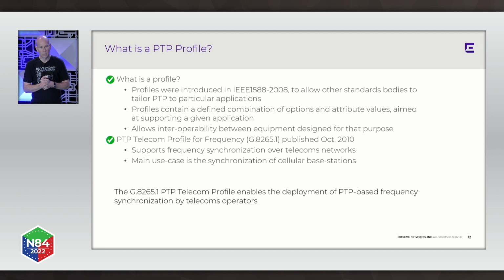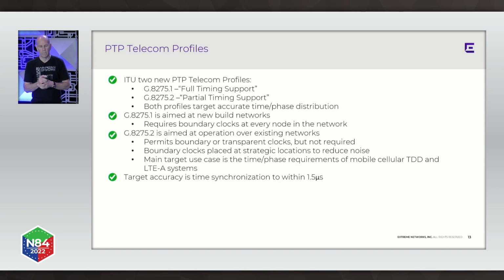And it was used for cell base station synchronization. Now, going forward, as we heard, you have two new profiles. You have the G.8275.1, which is the full timing support, and the G.8275.2, which is the partial timing support.